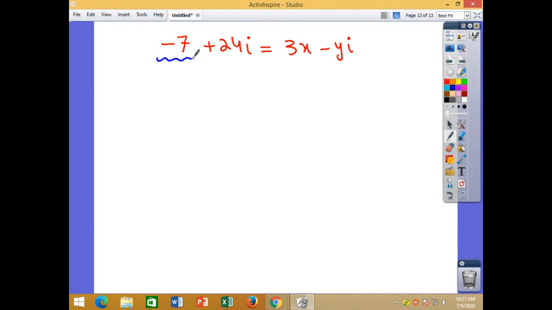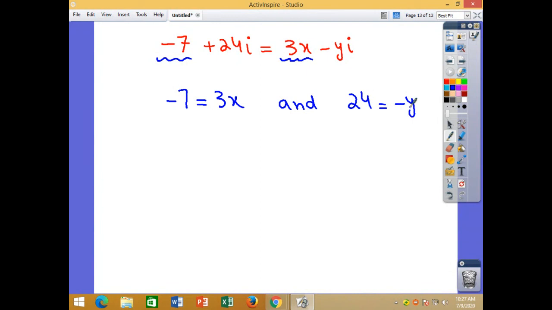The real part is −7. What is the real part on the right hand side? The real part is 3x. We equate the real part with the real part, that is −7 = 3x, and the imaginary part with the imaginary part, that is 24 = −y.